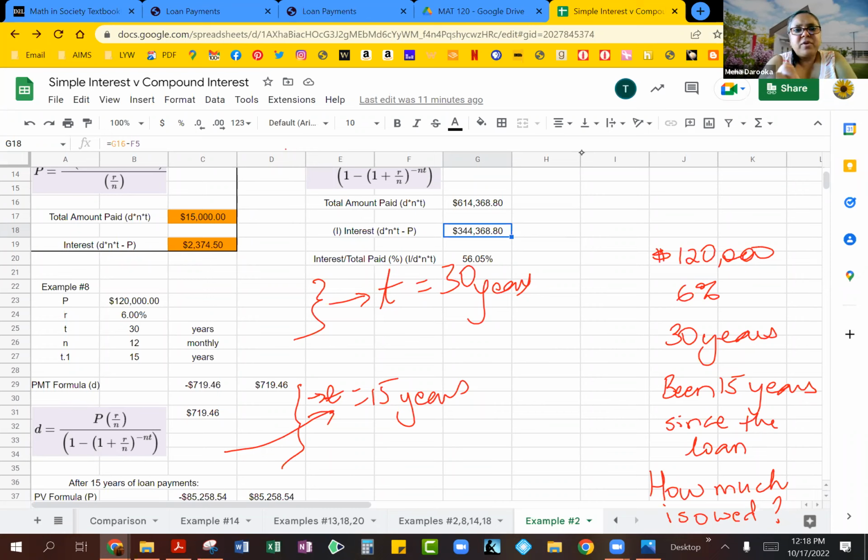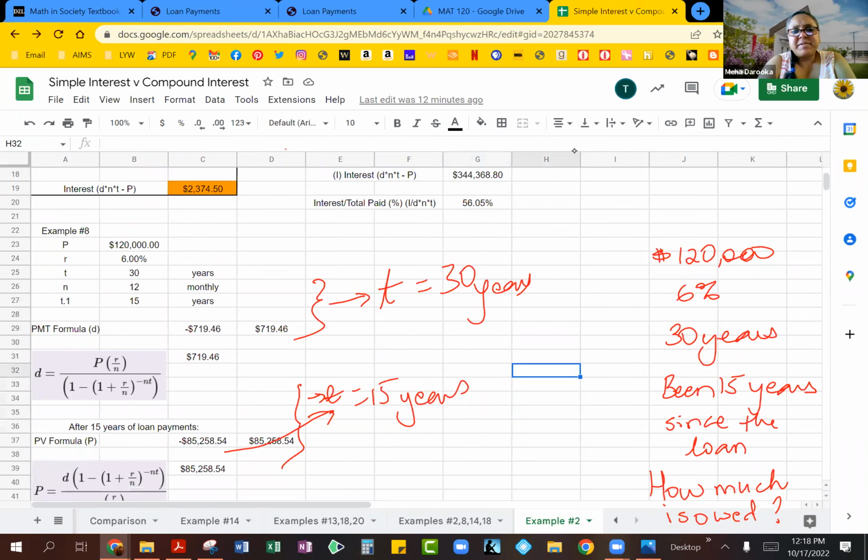So you have 344,368.50, so you're just shy of 30 cents there. And then the last part is you take that interest amount and divide it by your total loan payment of the 614,368. So that's how you will get that 56.05%, Sabrina.